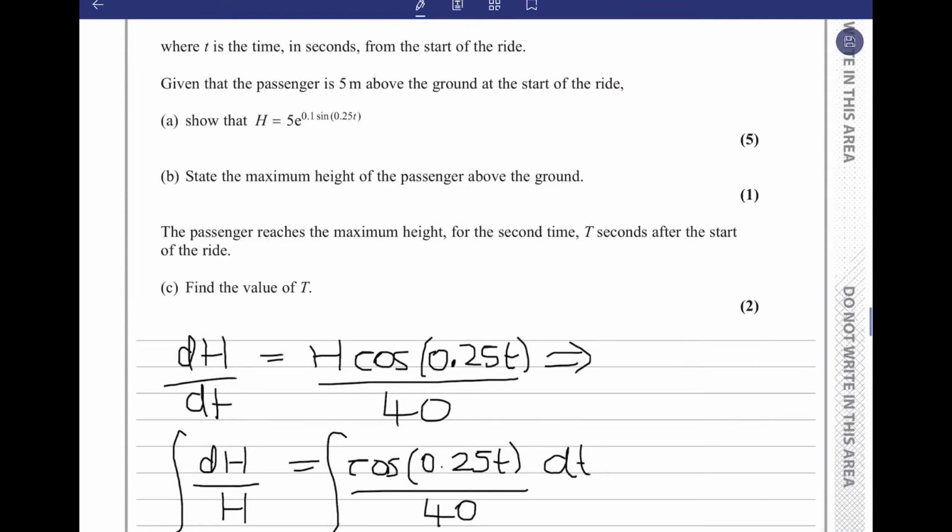So yeah, note in that question we weren't asked to find the t that makes it that height. Now it says the passenger reaches the maximum height for the second time t seconds after the start of the ride. So this time we're looking for the value of t that makes our height 5.53.